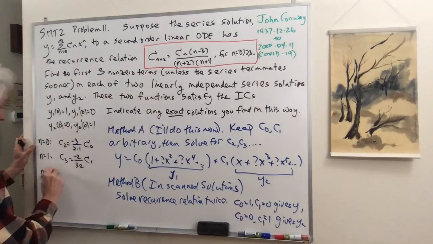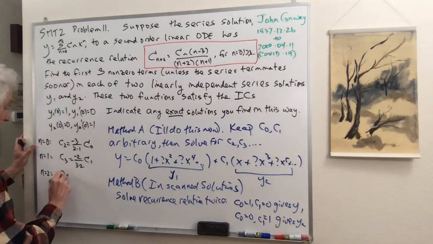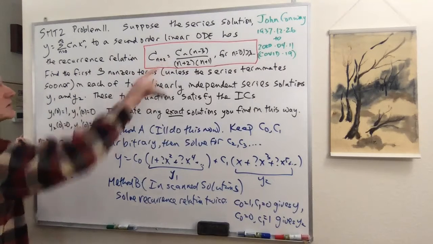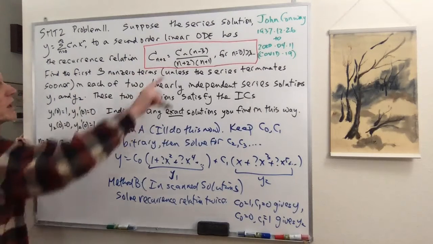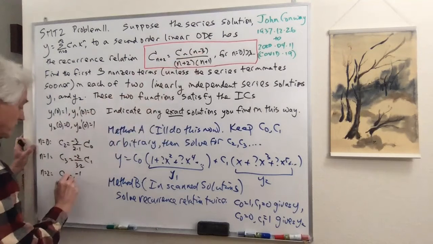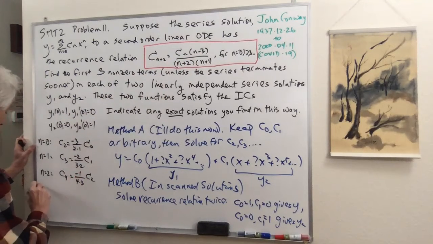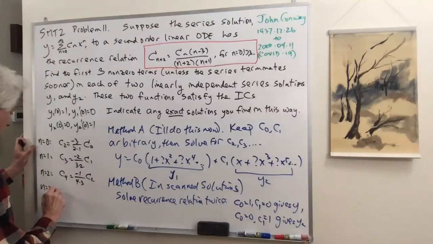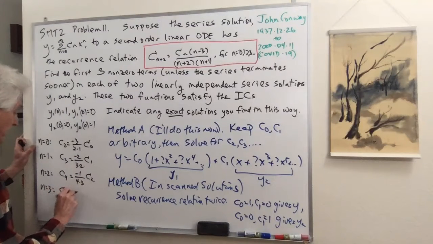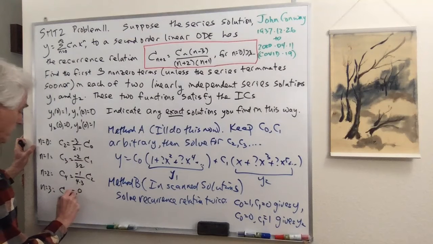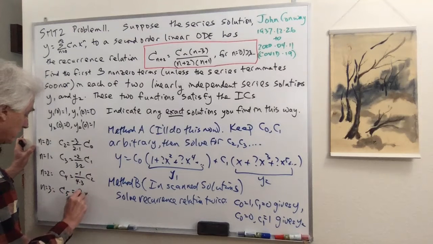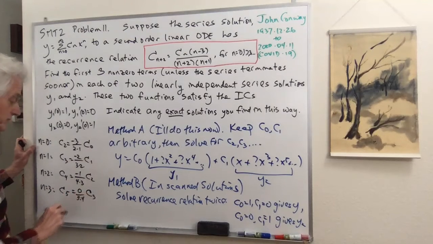When n is 2, I get C4 is minus 1: 2 minus 3 is negative 1, over 4 times 3, C2. When n is 3, I get C5 is 0 over 5 times 4, C3.